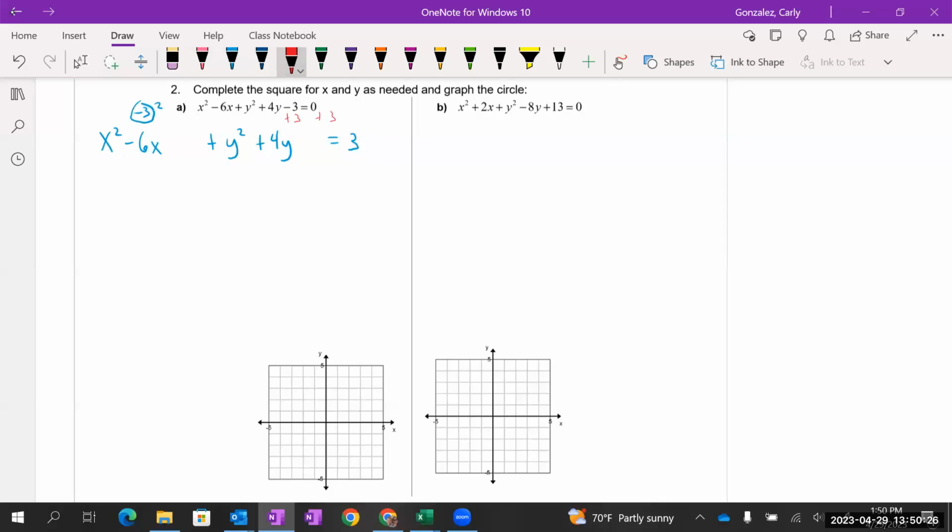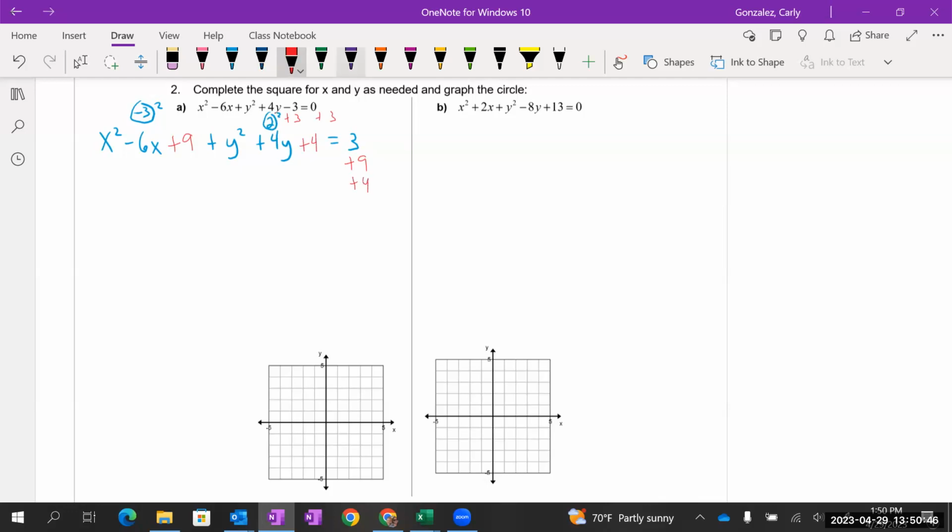And that's what I will add to both sides. I will add 3 squared, or 9, to both sides. Same thing over on the y's. I will divide the 4 by 2 to get 2, square it, and then I will add 4 to both sides.